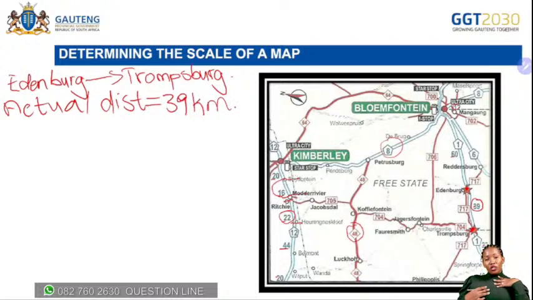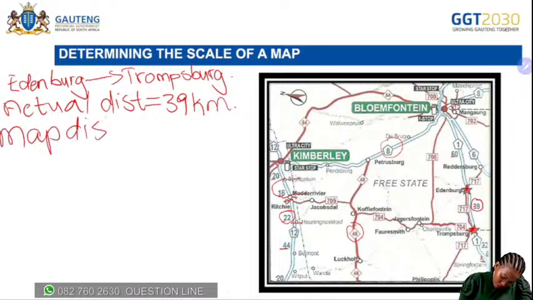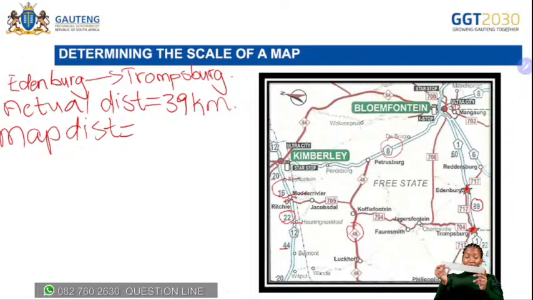So for me to be able to determine the scale of this map, I need a map distance. I'm given the actual distance. Now I must get the map distance. How do I get the map distance? That is where your ruler comes in. You can use either your millimeters or your centimeters.